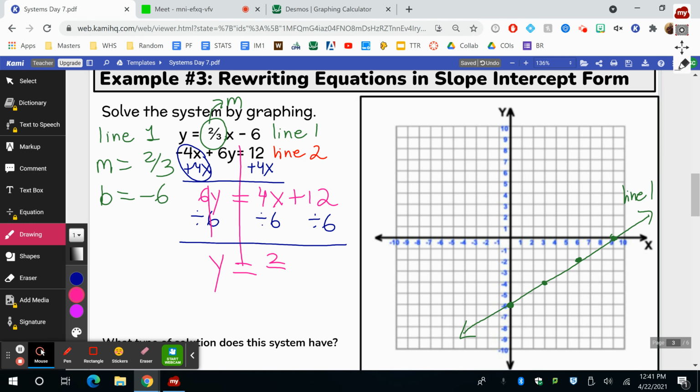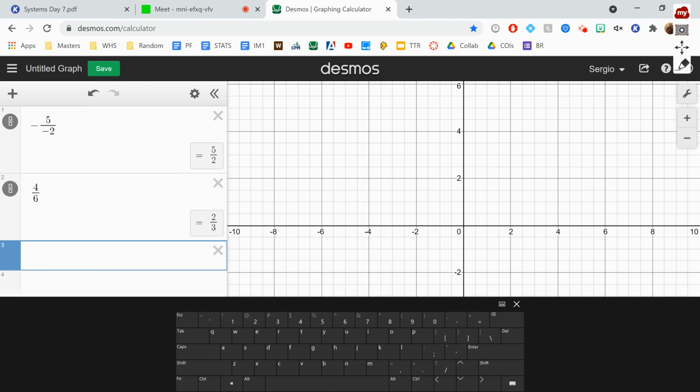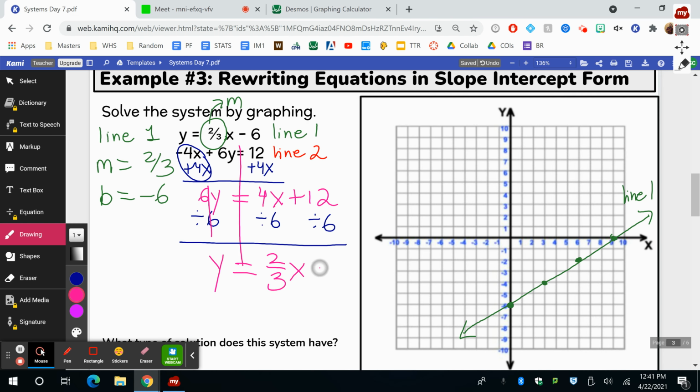So 2 over 3x. 12 divided by 6. You can always double check on decimals if you are not sure what that is. And it gives you 2. Okay? So plus 6. I mean 2. What am I doing? I'm getting all mixed up in my head with the 6. Plus 2. Okay, so that tells me that my slope is 2 over 3 and my y-intercept is 2.